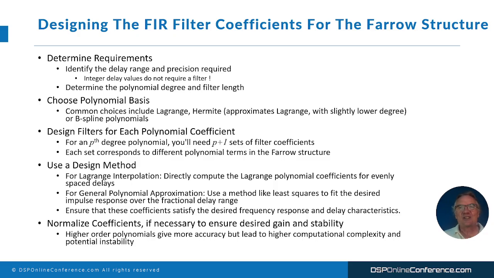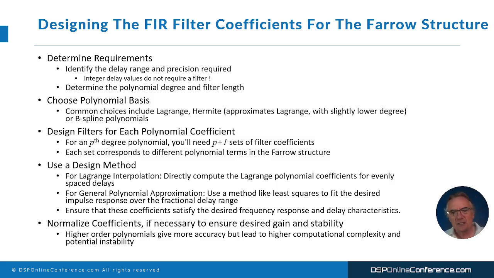Actually, the reality is, as I found, there are coefficient sets available that you can choose. Finally, we might need to normalize our coefficient sets to ensure our desired gain and stability.